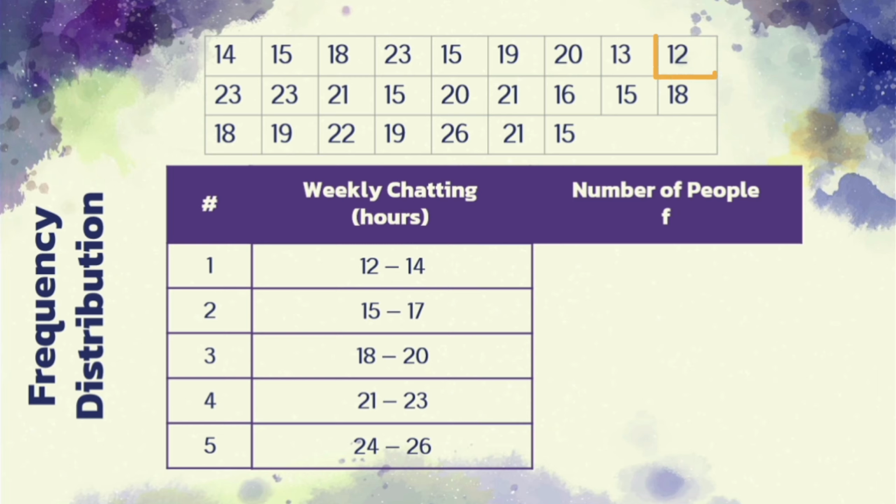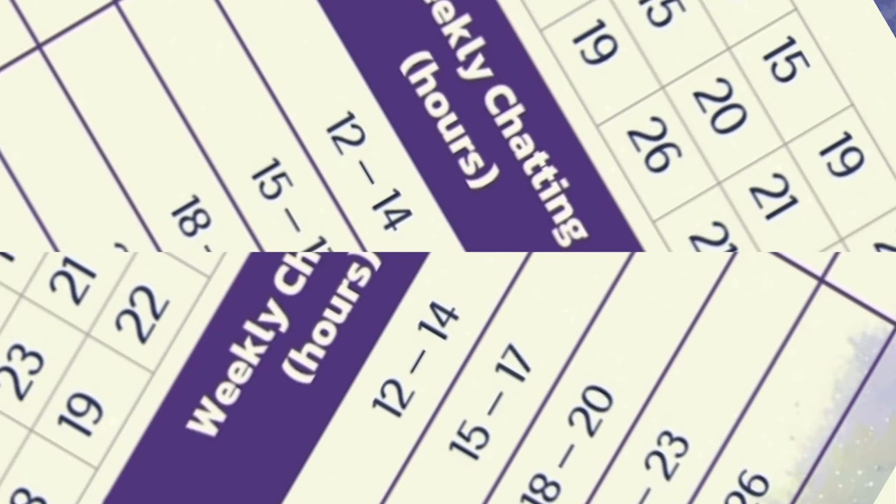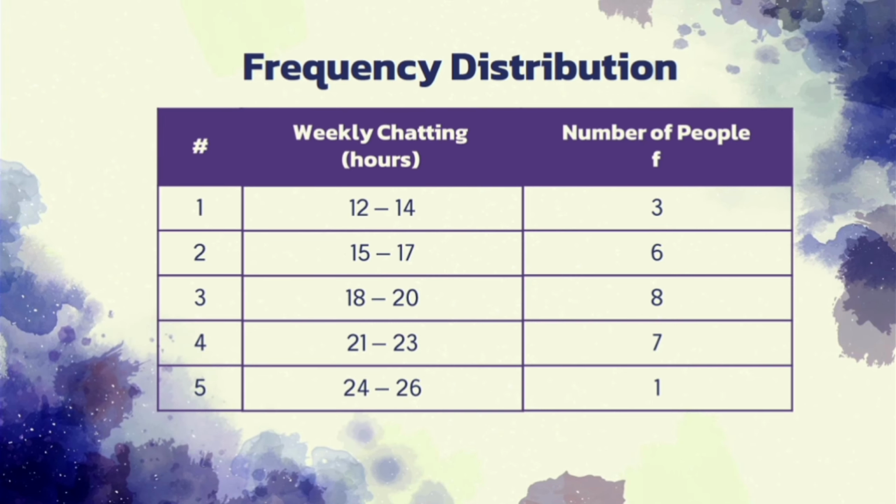As 3 values fall on or within the first class, that tells us 3 people chat 12 to 14 hours in a week. The same method is applied for the other classes. The result shows the majority of people spend 18 to 20 hours chatting per week, and only one person chatted 24 to 26 hours in a week.